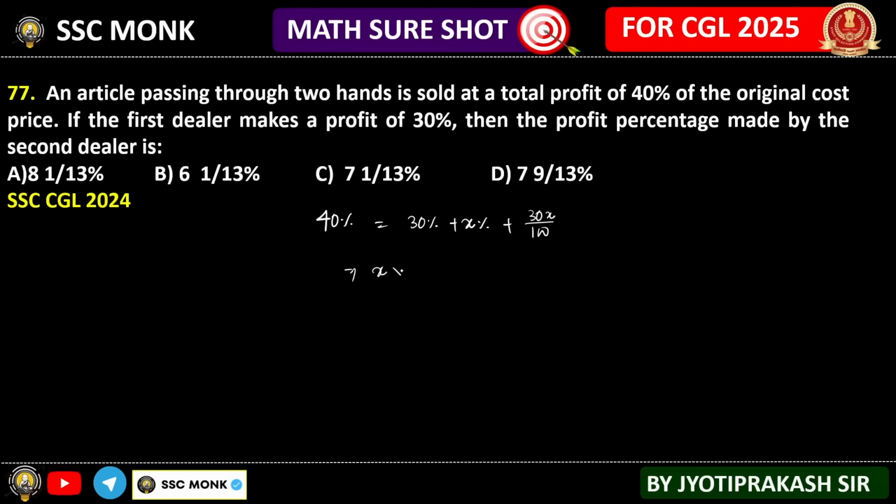So I can write X plus 3 by 10X is equal to 10, or I can write 13X by 10 is equal to 10. So I can write X is equal to 100 by 13. So 13 sevens are 91, 9 by 13%. So what is the profit made in the second deal? That is 7, 9 by 13%.